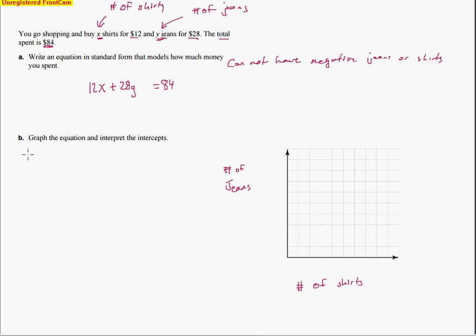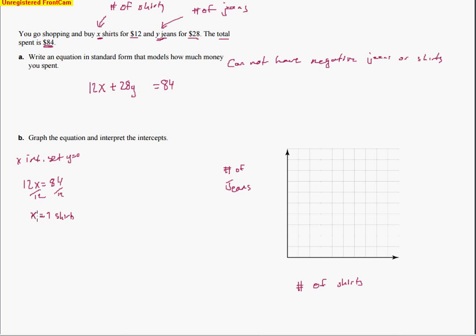And so we're going to end up starting with finding the x-intercept. And I'm going to set y equal to 0, set the number of jeans equal to 0, saying that I bought no jeans, and then solve for how many shirts that would be. So I go ahead and do that division, and x is going to be 7. So 7 shirts when I buy no jeans.